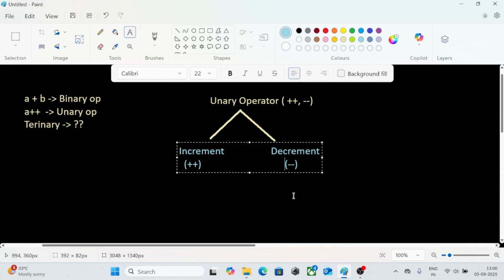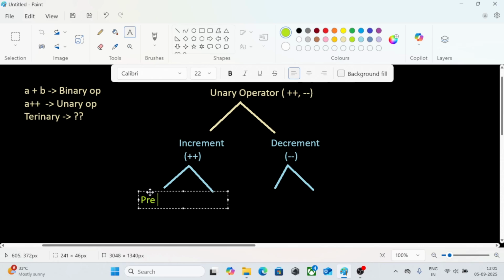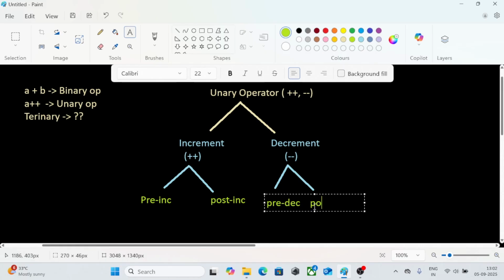Minus minus. Again, this increment operator and decrement operator are divided into two types: pre-increment and post-increment. Similarly, we have pre-decrement as well as post-decrement.